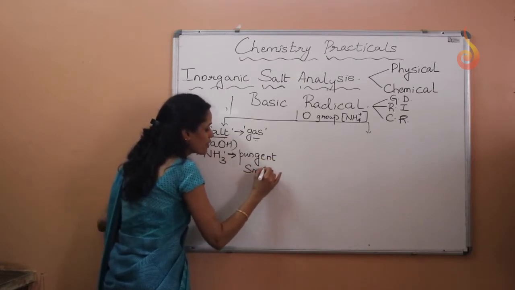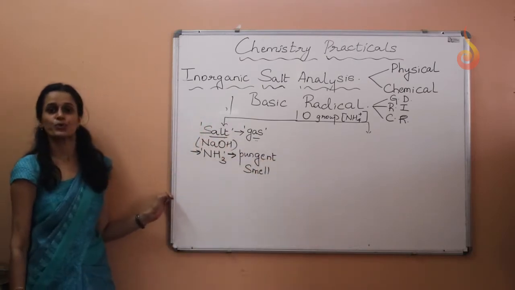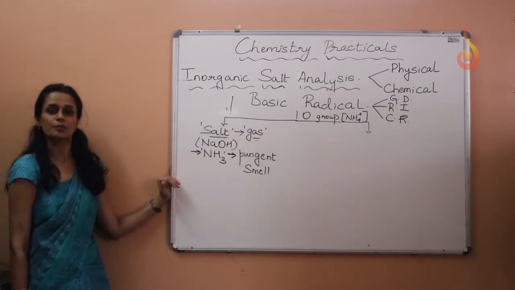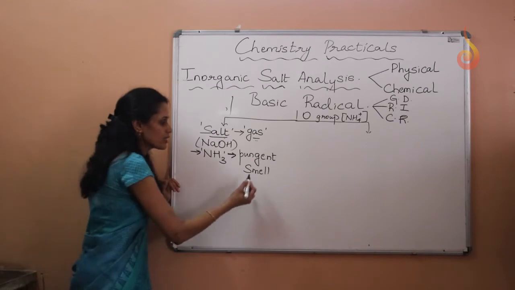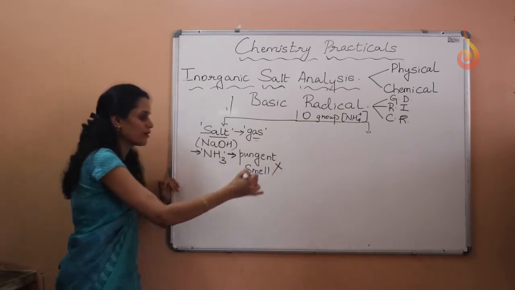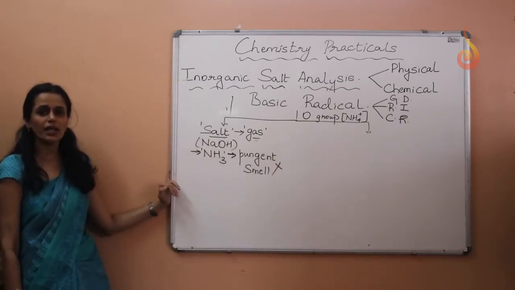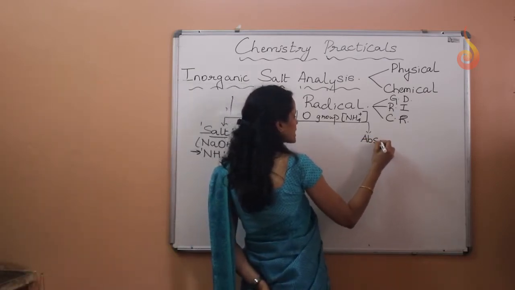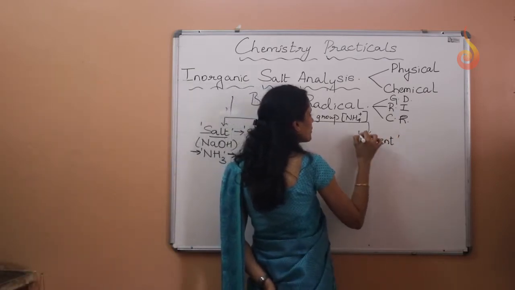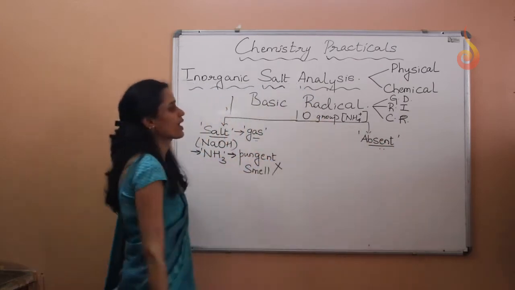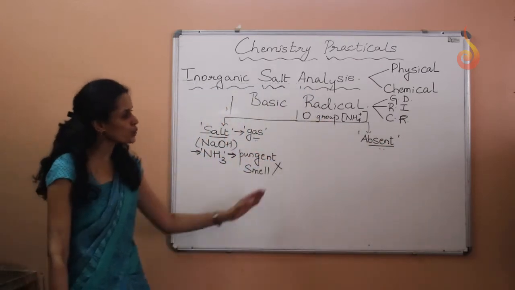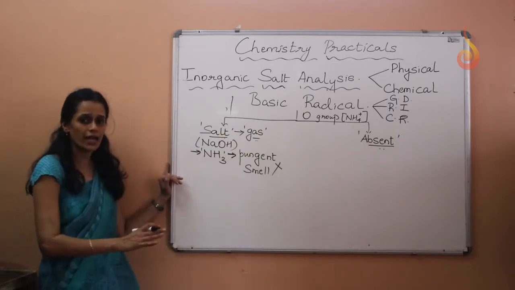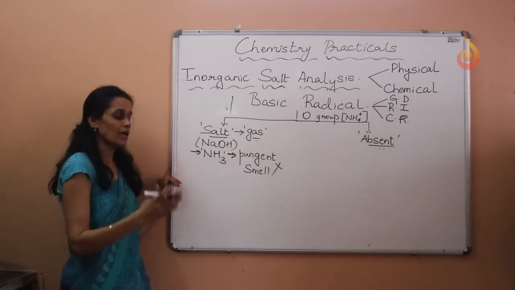That's why we say that ammonium ion is present in this salt. Suppose we are not observing any pungent smell, then the zero group basic radical, ammonium ion, is absent.